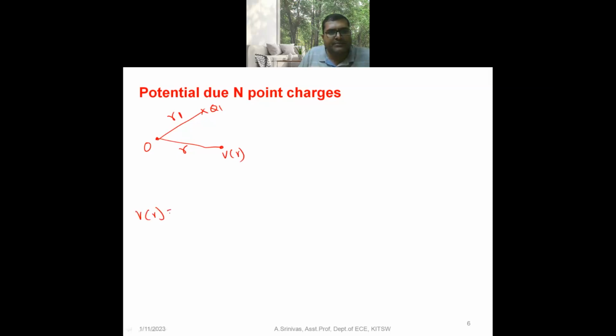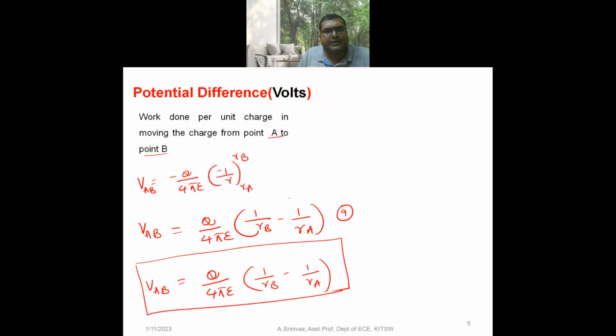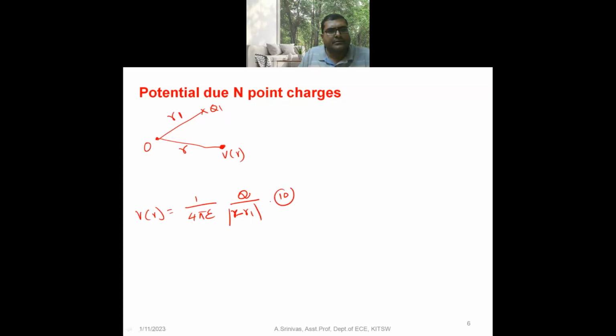The potential at R due to the point charge is given by 1 by 4 pi epsilon Q by modulus of R minus R1. At which point you require the potential, you are supposed to write as the first position vector, then followed by the other point. Let it be equation number 10.